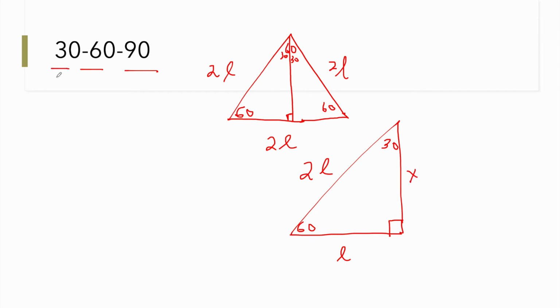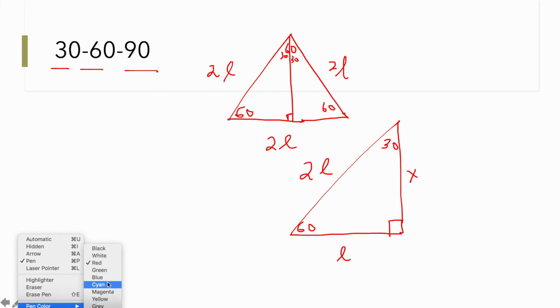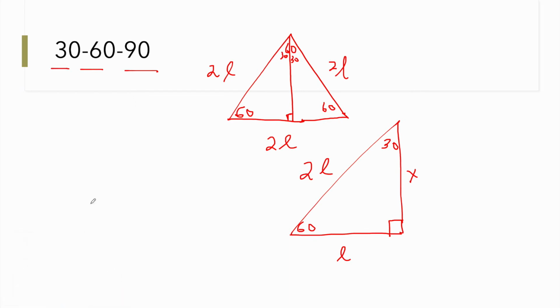So let's apply the Pythagoras theorem and see if we can find the side X. I will use the blue color again. C squared equals A squared plus B squared. What is our C? Our C is 2L, squared.